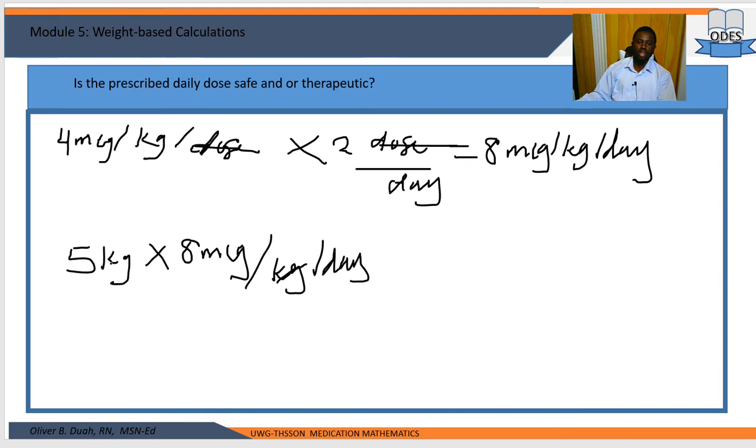So kilogram will cancel kilogram, and we have 40 micrograms per day. Now let's compare this to our safe dose range, which is 40 to 50.